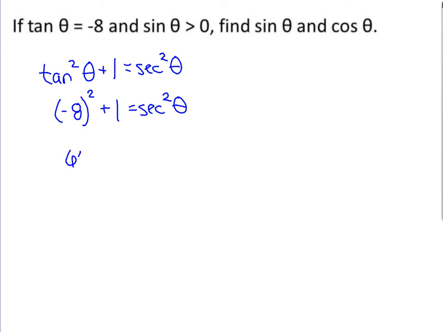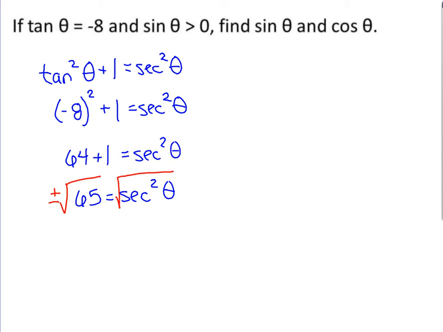Negative 8 squared is going to give us 64. 64 plus 1 gives us 65. To get rid of that square, we are going to take the square root of both sides. Remember, when you take the square root, it is positive or negative. So we know that the secant of theta is either equal to plus or minus radical 65.